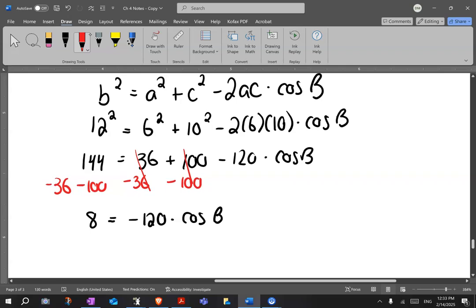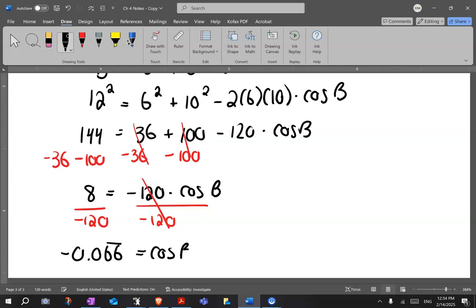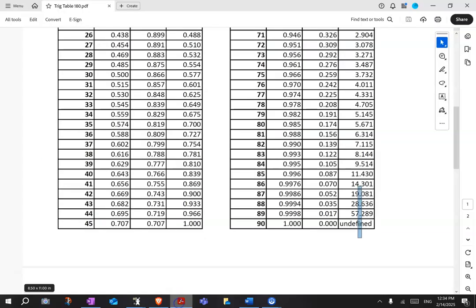Now I can divide. Those are gone, and I got to figure out what is 8 over 120. 8 divided by 120 is 0.066 repeated, cos of B. So I can look at my chart here and figure out 0.066 cos.